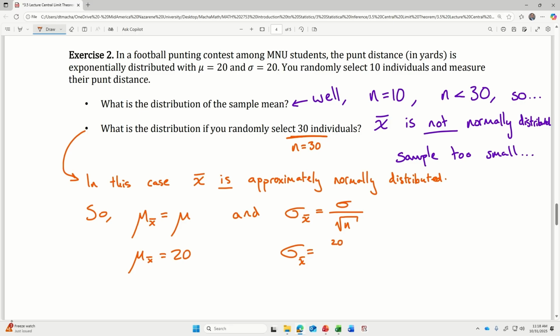So that'll be 20 divided by the square root of 30, which is 3.651.